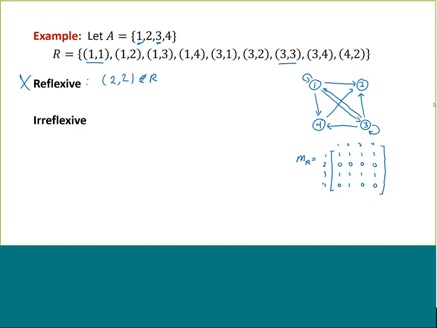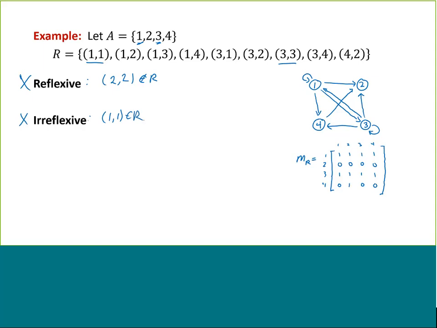So what do you guys think? Do we have no loops? And hopefully you're all thinking to yourself, I see a loop. Maybe you see the loop at 1, 1. Maybe you see the one at 3, 3. Doesn't matter which one you spot first. Just by the fact that you spotted some loops means it's not irreflexive.